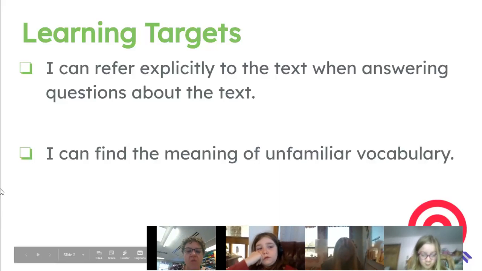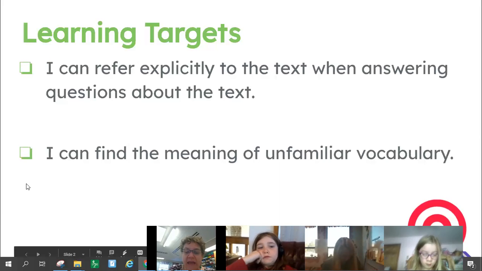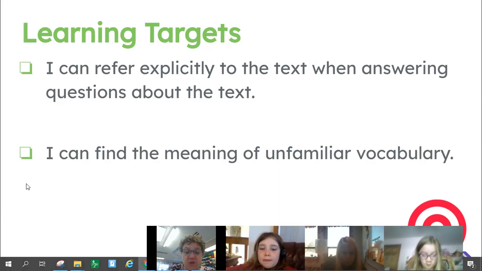It means that you can go back to the text and either use the text exactly how it's written to give your answer, or you can paraphrase that idea, but you know exactly from the story that's where the answer is. Okay, so I'm going to talk a little bit about that when I go over some of the questions, how you go back and refer explicitly to the text.